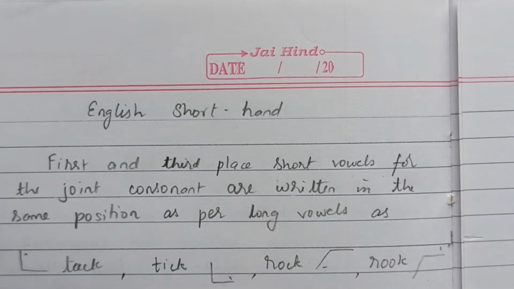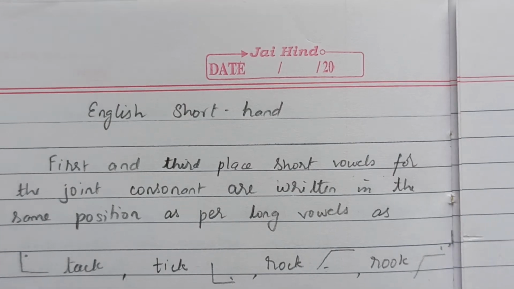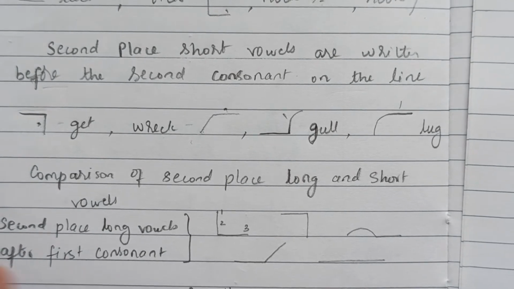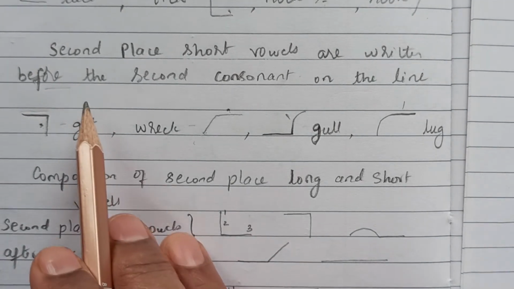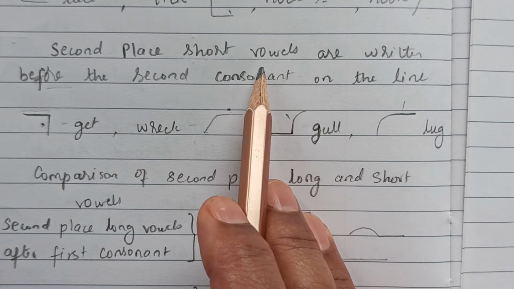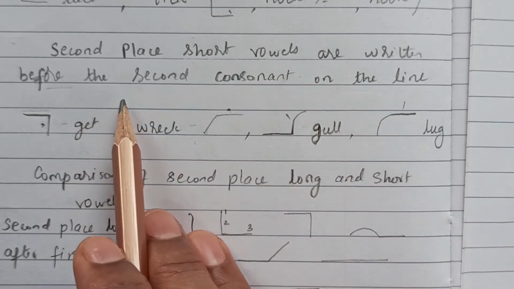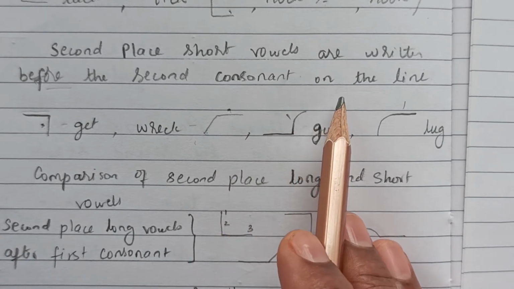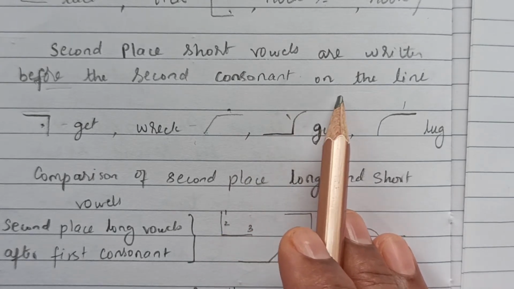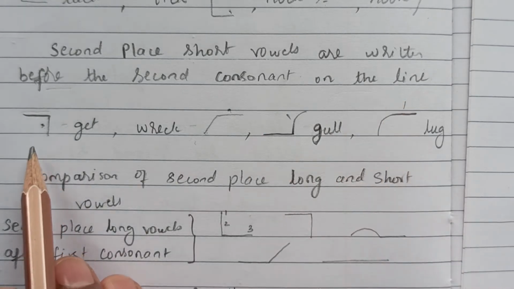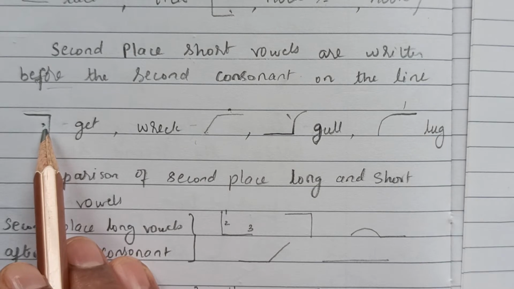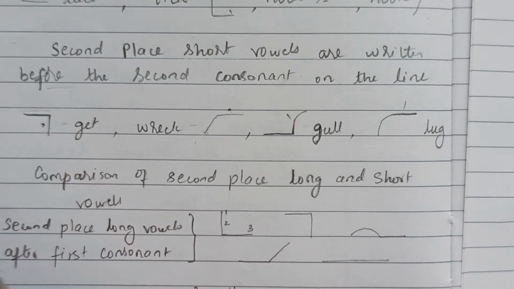And here, second place short vowels are written before the second consonant. Second place short vowels can be written before the second consonant, and the consonant can be written on the line, as per get, G, T, and the second vowel is written before the second consonant.